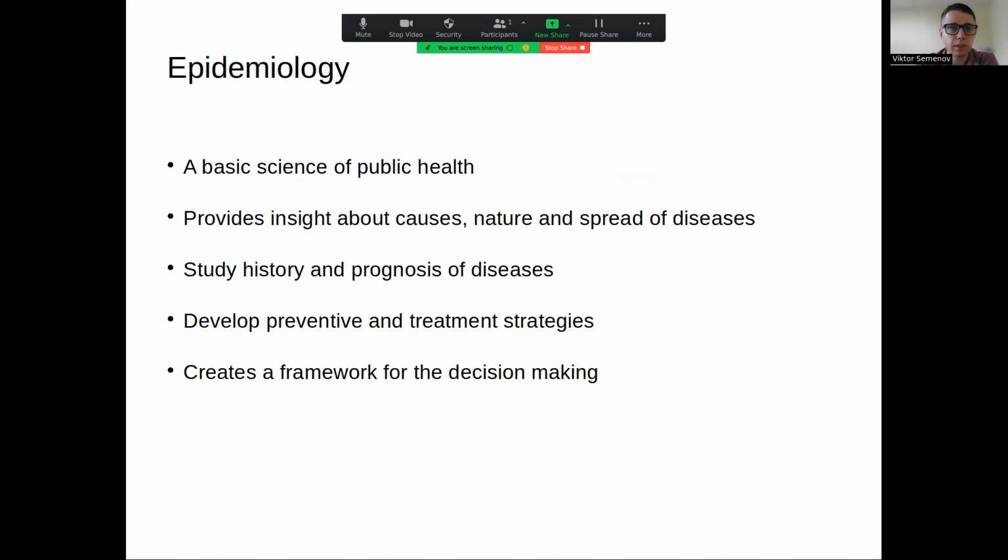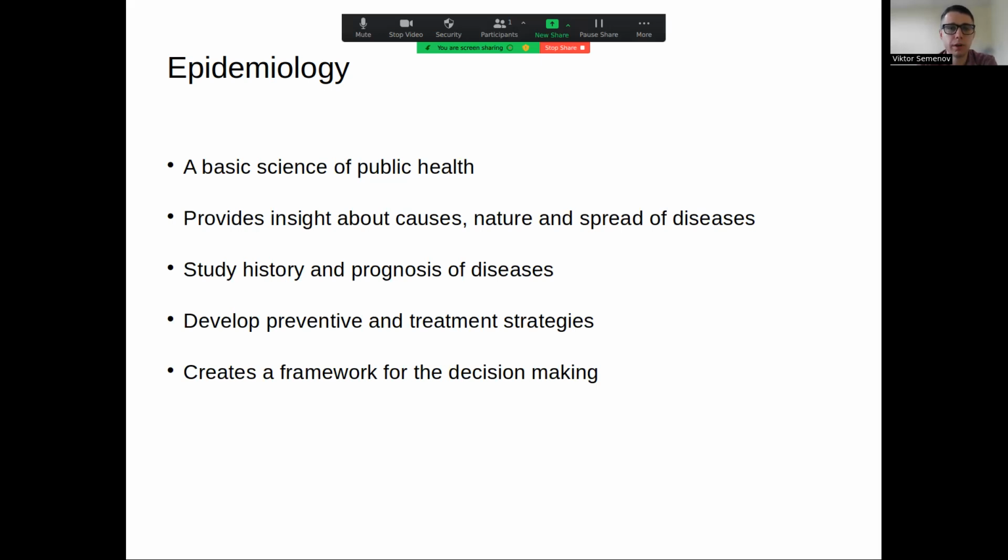Epidemiology is the basic science of public health. So in a way, you can consider epidemiology as a subdivision of public health science. It provides, as I've said earlier, the insight about causes, nature, and spread of diseases. It studies the natural history of disease and its evolution and tries to foresee how the disease will develop both in an individual and in a population.